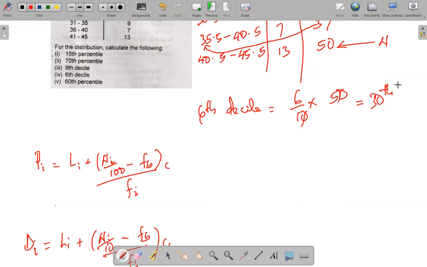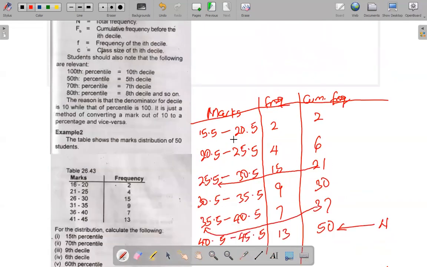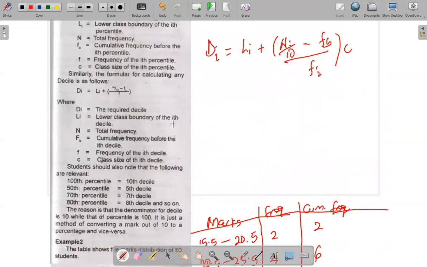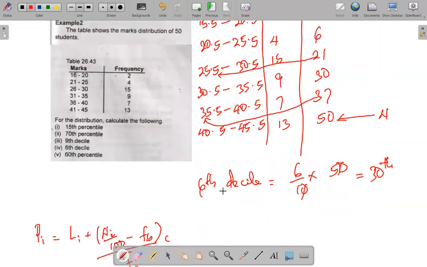So our decile is in the 30th position. How do we get that? The 30th position is right here. We have exactly 30 here. So our Li is 30.5. Li is the lower class boundary of the ith decile. The lower class boundary there is 30.5.